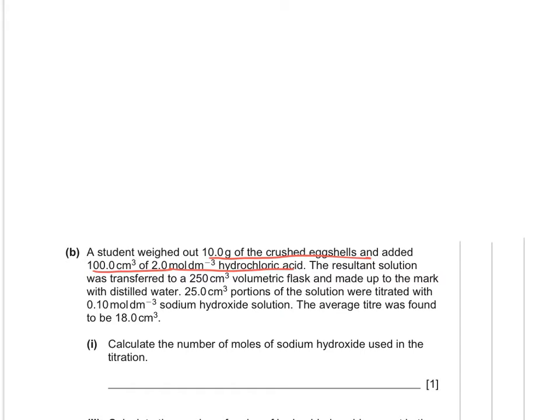So in our beaker we would have 10 grams of our eggshell, which contains some calcium carbonate, and we've got 100 centimetres cubed of 2 molar hydrochloric acid. Okay, so those react together. That's an excess of your hydrochloric acid.